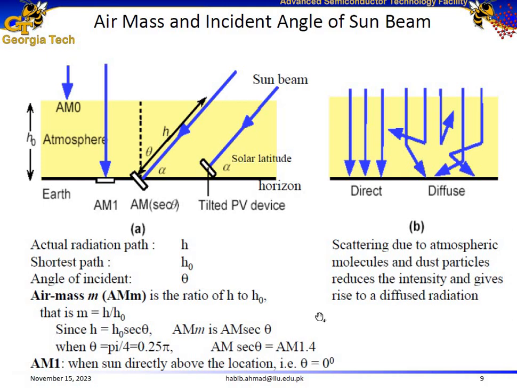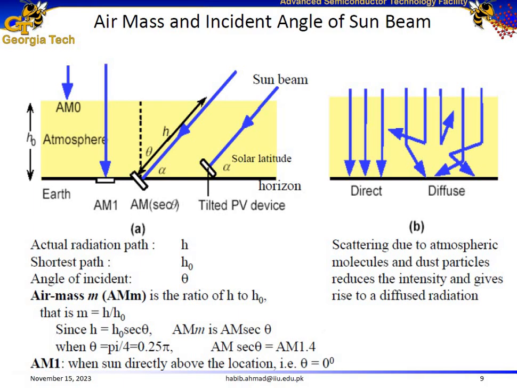Generally, we test our solar cells at standard test conditions. It should be tested at room temperature. That is one of the standard test conditions. We have a solar simulator at our Center for Advanced Electronics and Photovoltaic Engineering. For the solar simulator, one of the standard test conditions is 25 degrees room temperature.